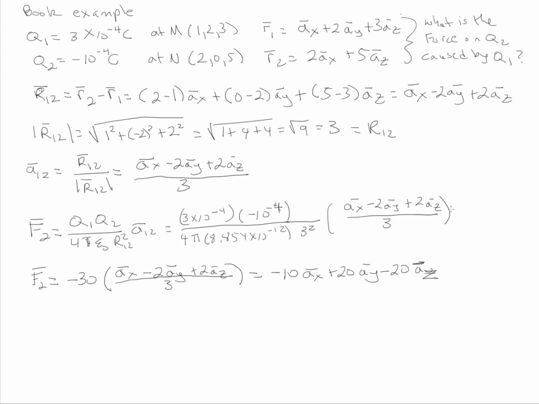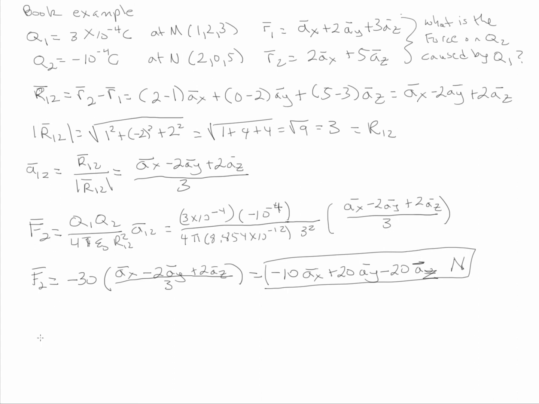So that's the answer right there. And this would be in newtons, because that's a force. And so in electromagnetics, you always have to put your units and put your vector notation.